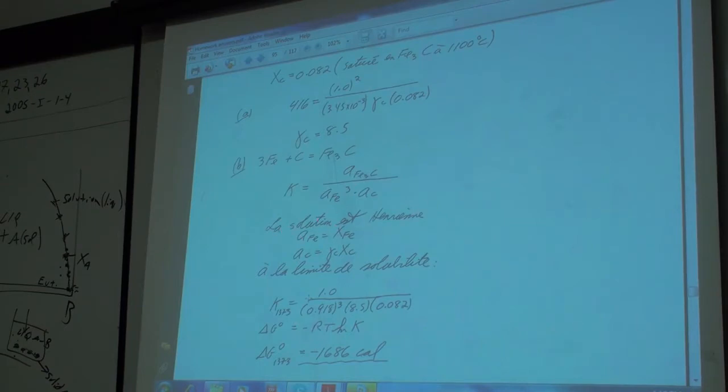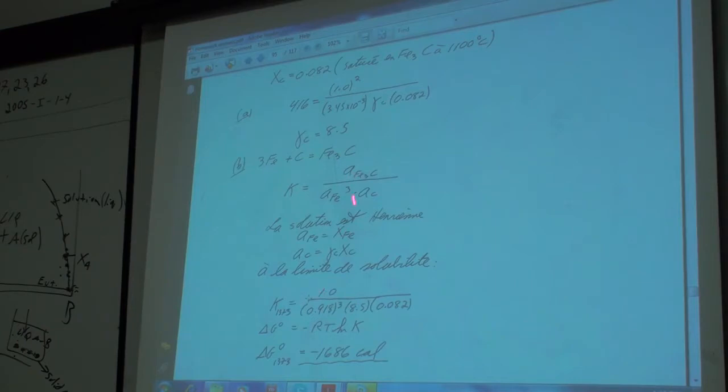We're going to assume the solution is Henrian, which at 8.2 atomic percent is probably not the most wonderful assumption, but it's not too bad. So if it's a Henrian solution, the activity is gamma X, where gamma is constant. So we're assuming that gamma is independent of composition. The activity of iron is the mole fraction of iron, because if it's Henrian for the solute, it's Raoultian for the solvent.